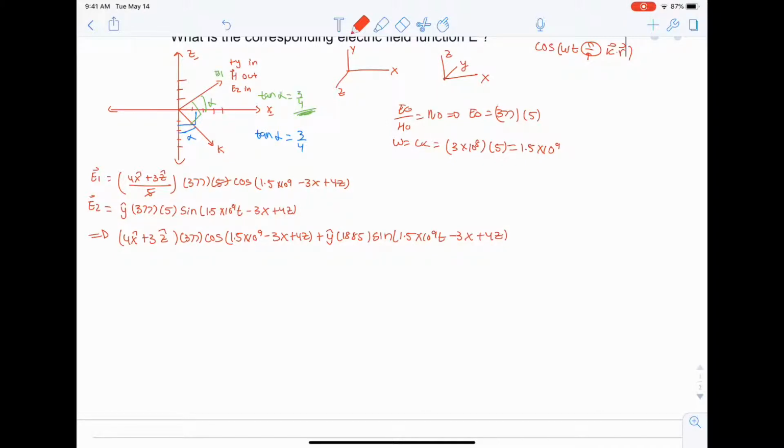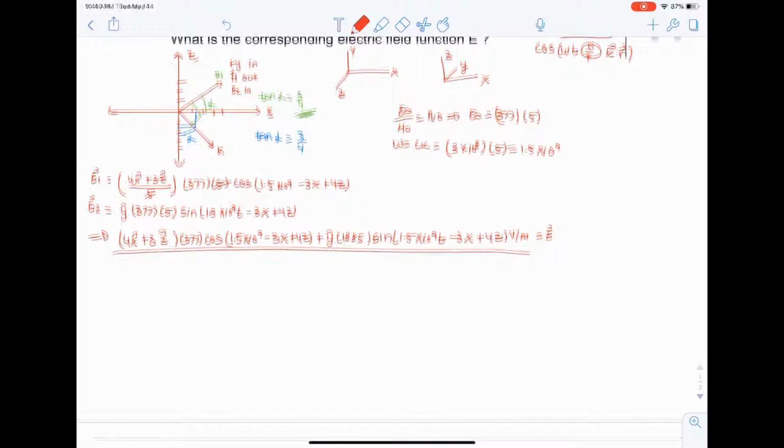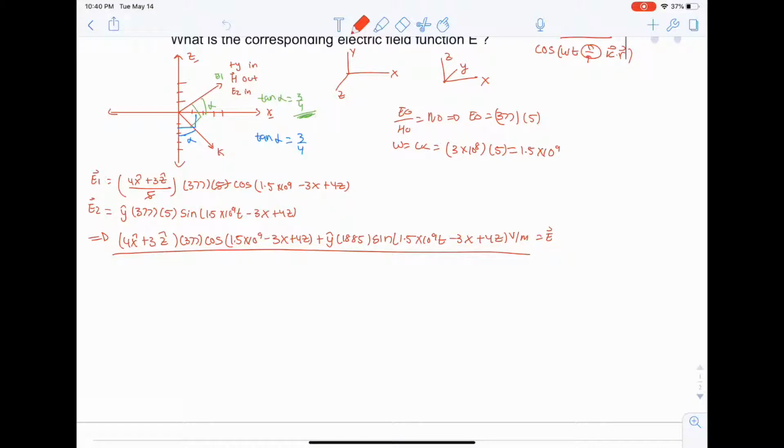And since we're finding the E field, it's going to be volts per meter. This whole thing is your E field. And there should be a t over here.